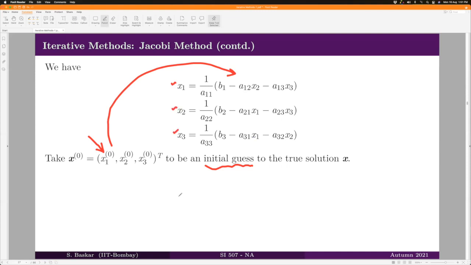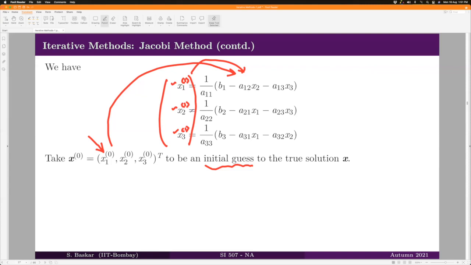Well, don't call this the solution to your original system. It may not be the solution for your original system. Nevertheless, you can call it, say, x1^(1), x2^(1), and x3^(1). Once you have this vector, again plug in this vector on the right hand side and get another vector, which you will call x1^(2), x2^(2), x3^(2).